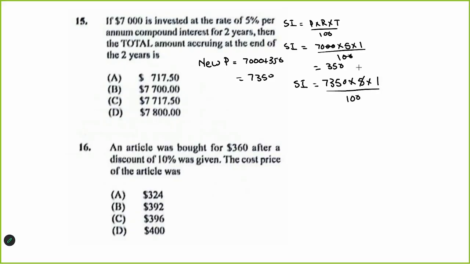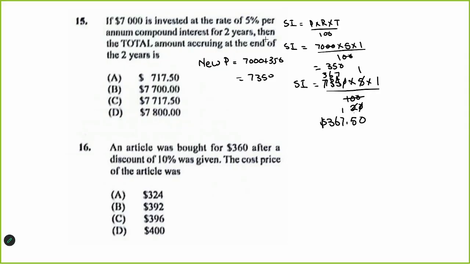So you can say 5 into 5, 1, 5 into 100, crosses off, you'll get 2 divided by this. So 2 into 7 is 3, remainder 1, that is 6, remainder 1, that is 7, so you'll get $367.50, right? That would be your simple interest for this year.